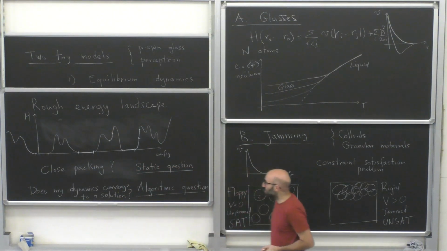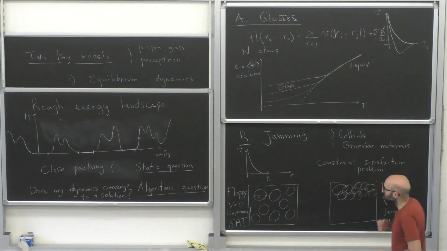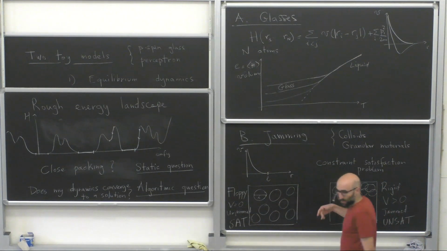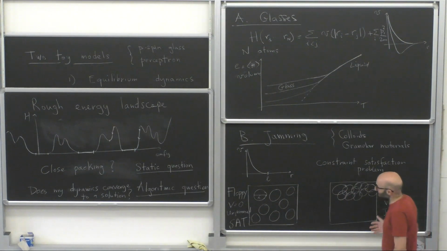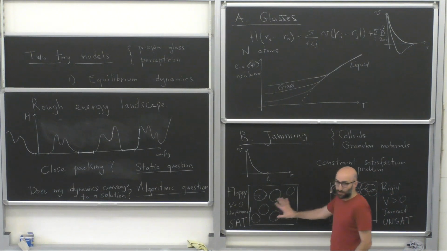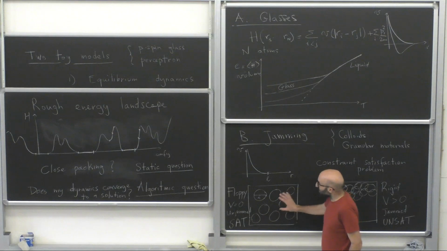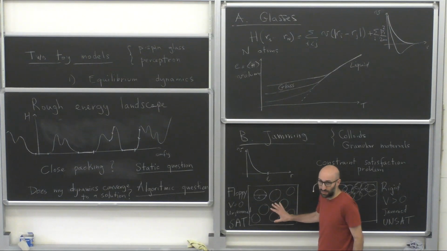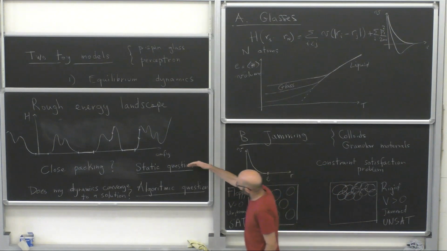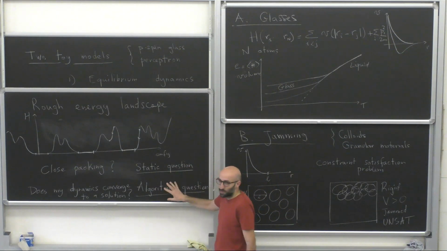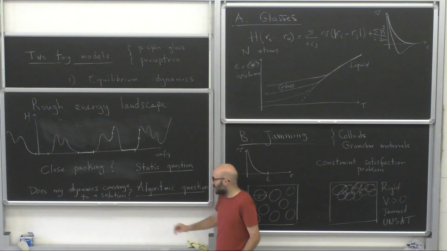Okay, and what we will see is that in these problems, very often, I would say generically, there are three phases. There is a phase, say at low density, where there are solutions and they are easy to find. So there are packings, and whatever algorithm you use, you find them.